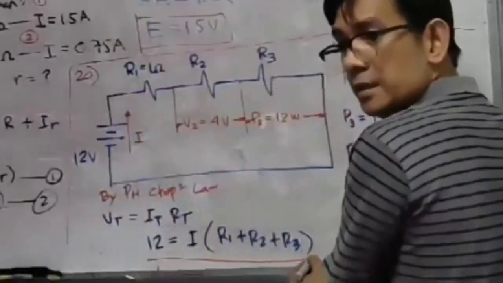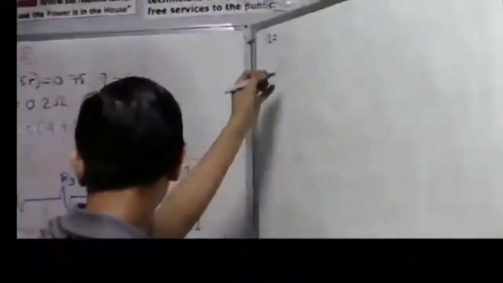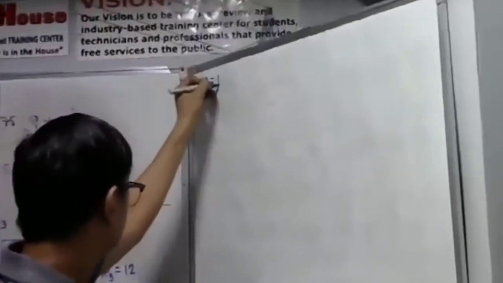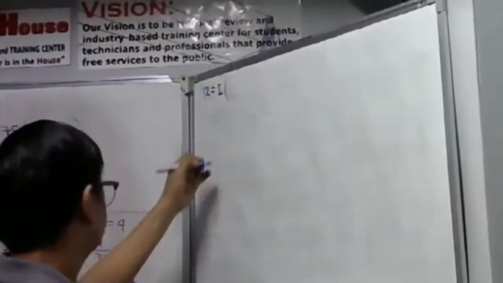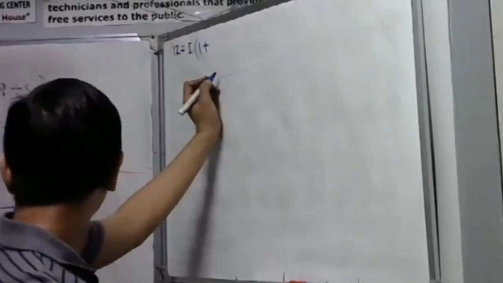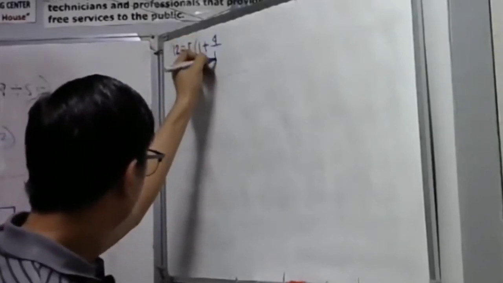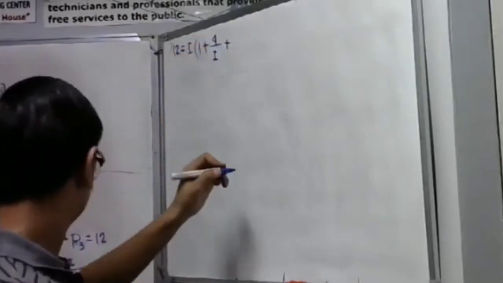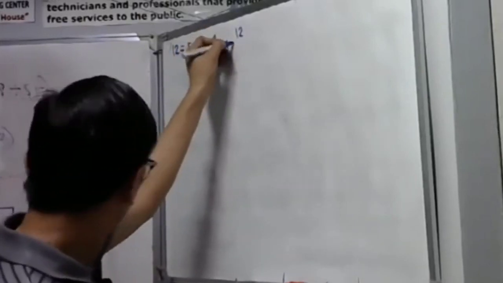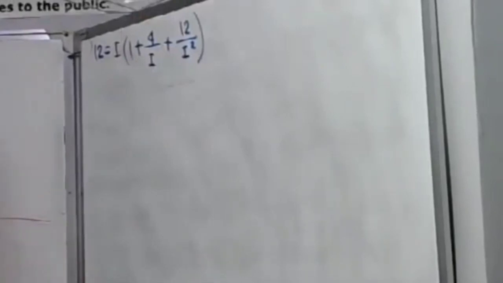Again, we have 12 here, and then we have I times R1 plus R2. What is R2? R2 is 4 over I, and then plus 12 over I squared. Let us manipulate this equation.